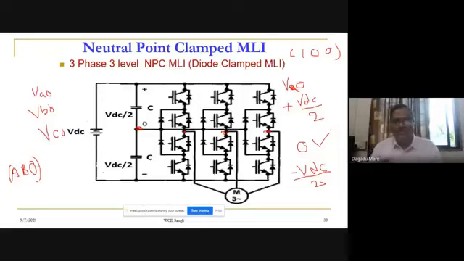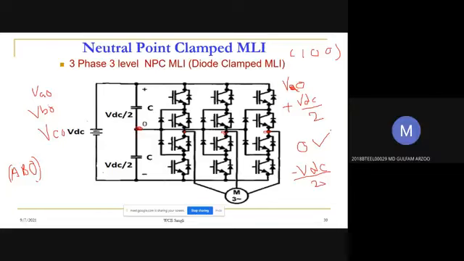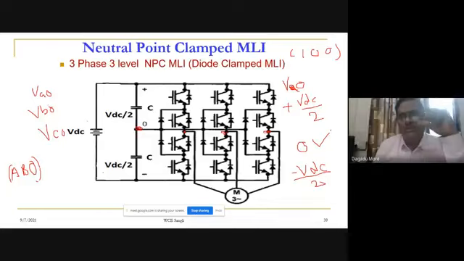So we have just started with the multi-level inverter, and one advantage of multi-level inverter we just discussed. What is that advantage? Anybody can unmute and tell. Less voltage across any device. So we use a lower voltage rating device for a higher voltage rating application.